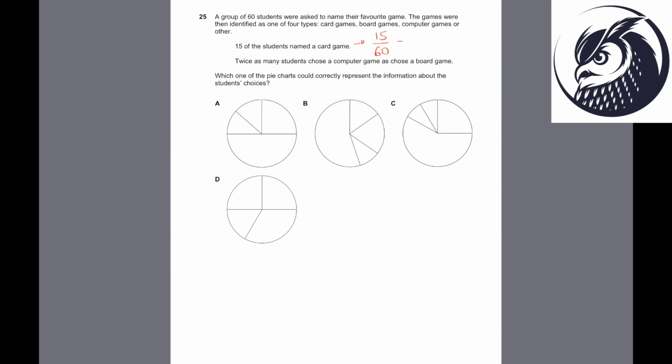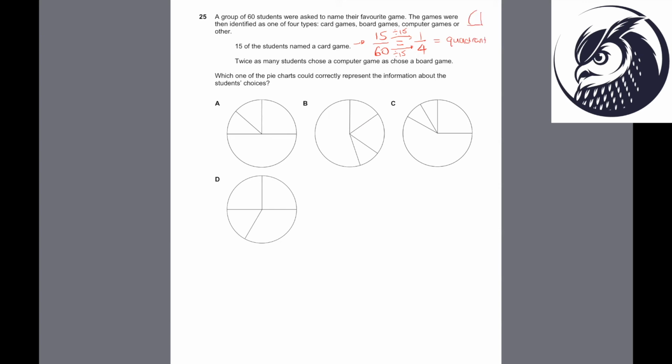And we can actually simplify that to 1/4 by dividing the top and bottom by 15. And 1/4 on a pie chart should just be a quadrant. It should look like something like this.